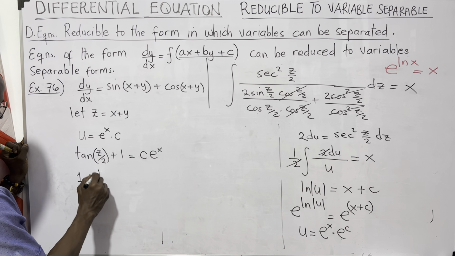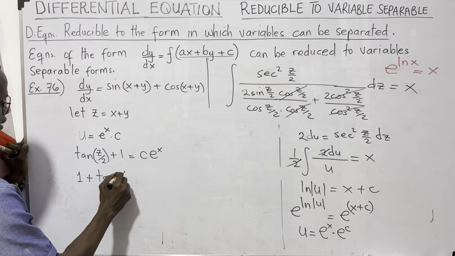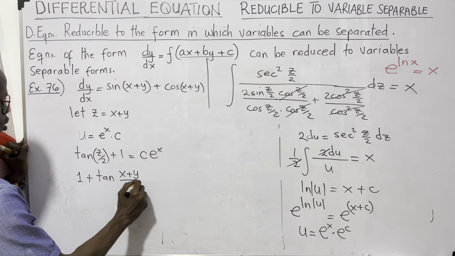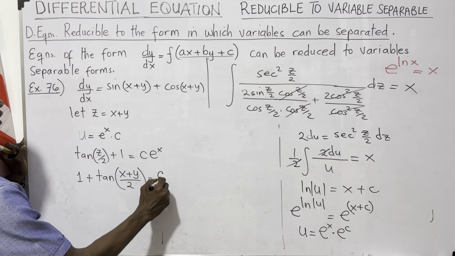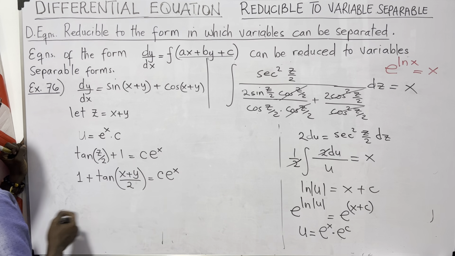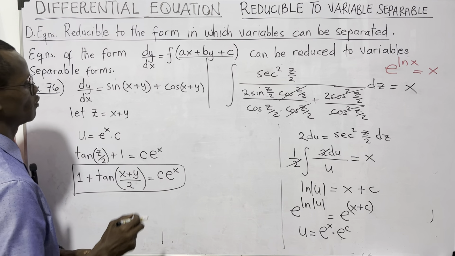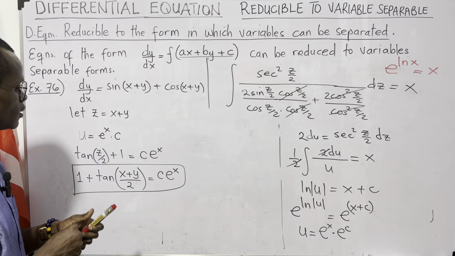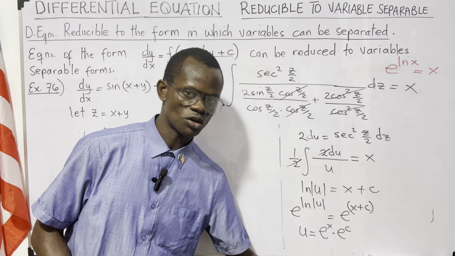So we write the 1 first. 1 plus tangent of (x plus y) all over 2 equals c e raised to the power x. So this is the general solution for dy by dx equals sine of (x plus y) plus cos of (x plus y).